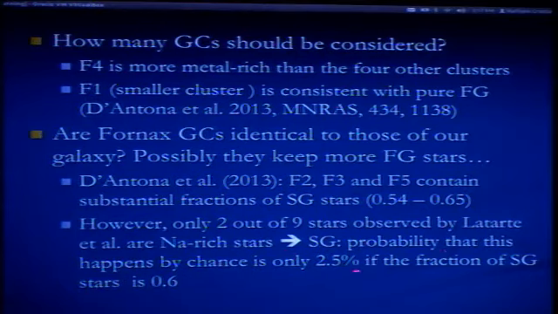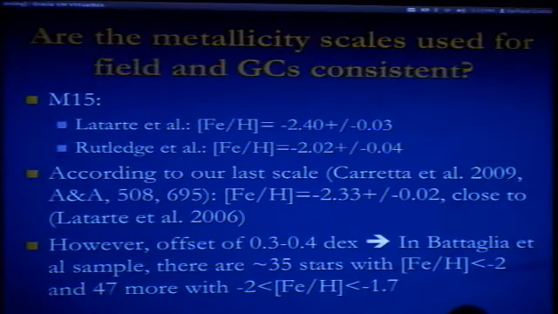So the most likely scenario is that you do not require this big excess of stars. Also, there are some issues about the metallicity scale because they use different ways to derive metallicities for the clusters and the field stars, and the two are not really consistent. So all these effects can mitigate this result a bit.